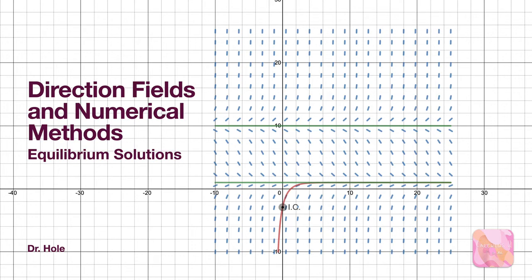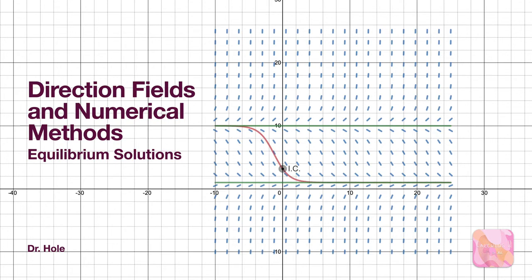On the other hand, if we pick an initial condition between 1 and 10 strictly, then the solution curve will tend down towards y equal 1. So in the previous two cases, initial condition less than 1, the solution curve tends up towards y equal 1, and an initial output at 0 between 1 and 10, the solution curve tends down towards y equal 1.